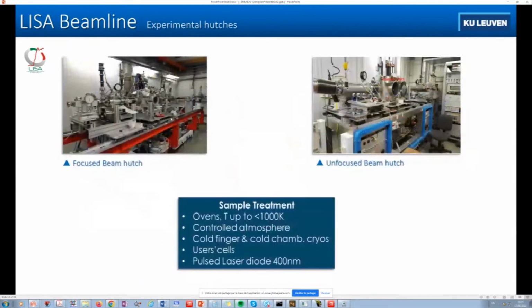Okay. So these are the two experimental hutches. And you see every time you have a lot of equipment that allows some measurements under different conditions. You can have a high temperature, you can have a controlled atmosphere, you can use different cells.